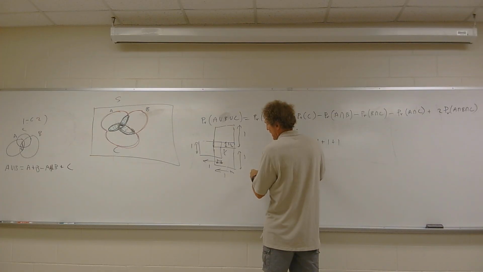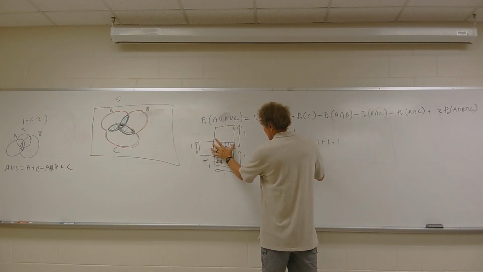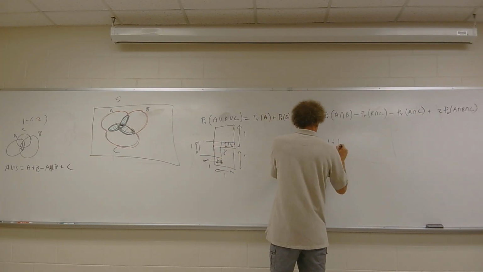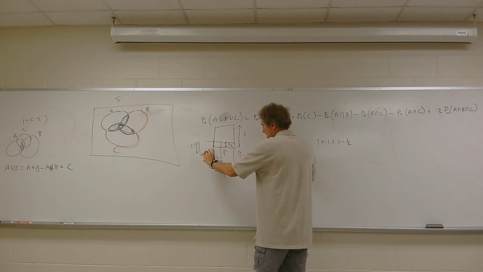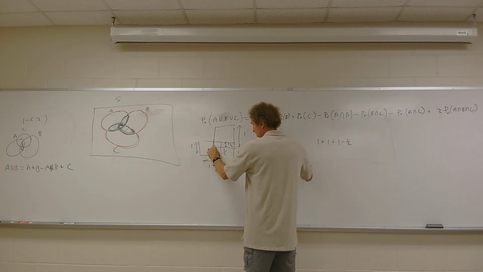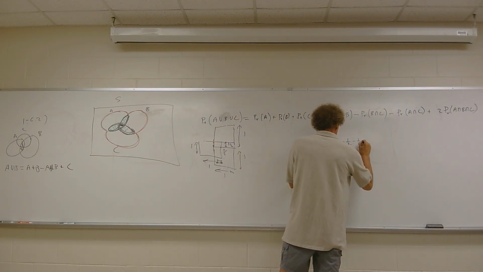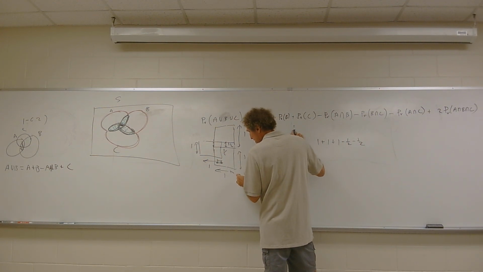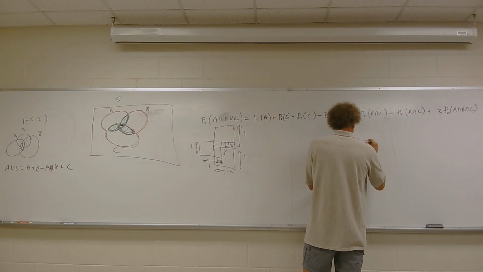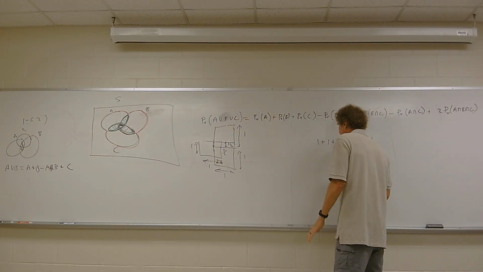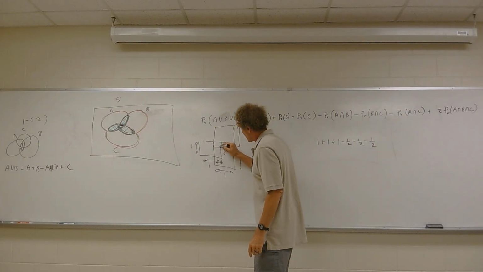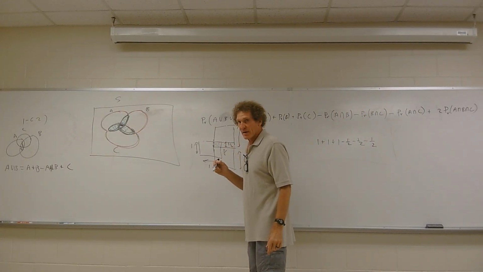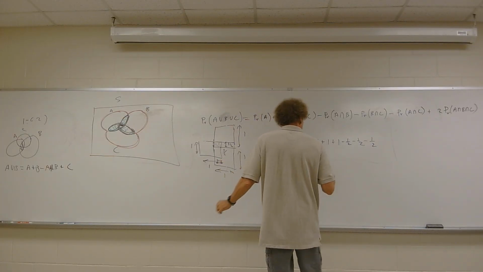Then from that, I have to subtract off overlapping area here, which is going to be minus 1/2 times 1. And then the overlapping area here, that's going to be minus 1/2. And then the overlapping area there, which is minus 1/2. Then I have to add this part here to it, and that's 1/2 by 1/2. Can you follow me on this?